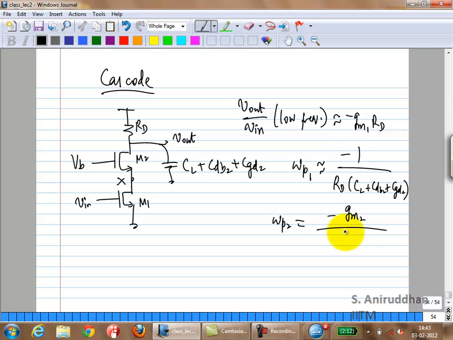So for now I'll just call it CX, it's easier. What is the relative position of these 2 poles? Difficult to say because it depends on RD, but normally RD would typically be larger than 1 over gm1. So typically omega P2 would be, yes.